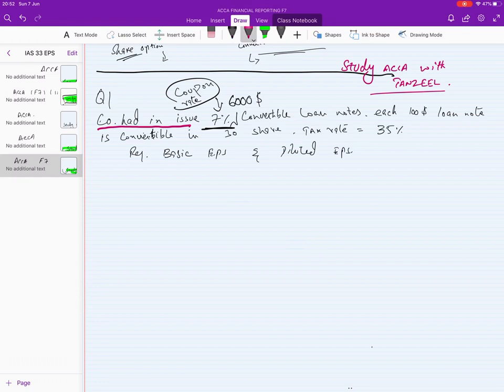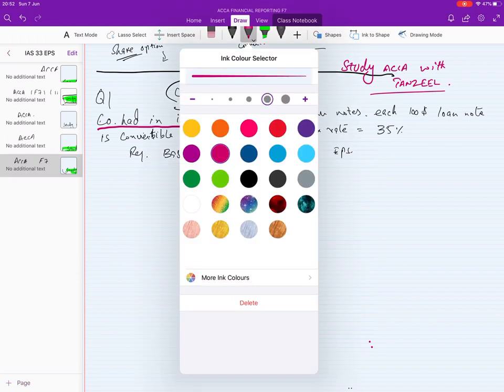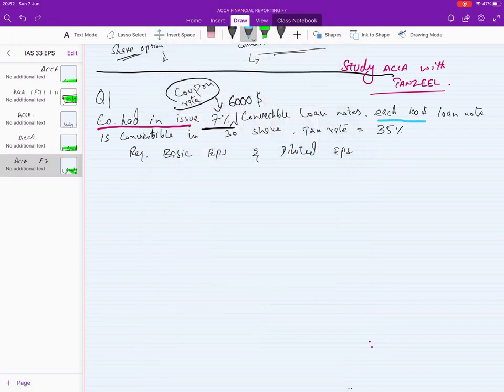The second line says each $100 loan note is convertible into 30 shares. So if I take it as a percentage, 30 is 30% of 100.